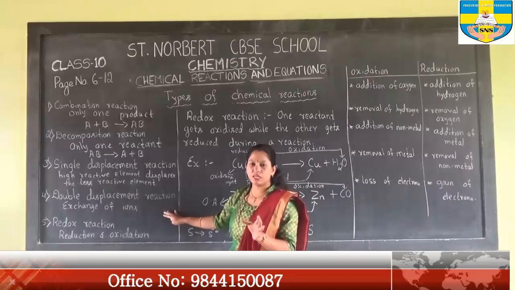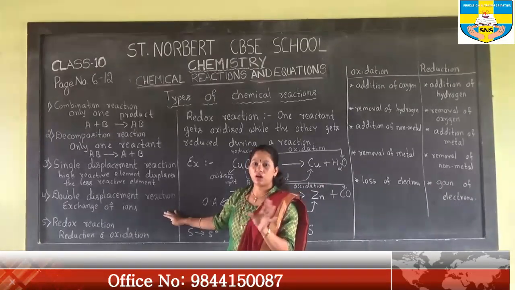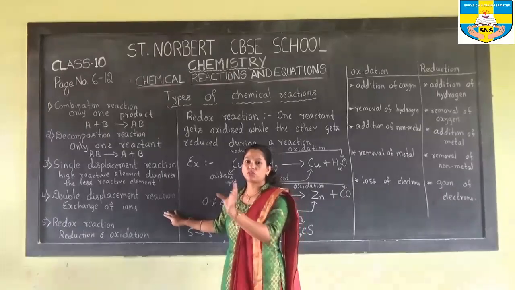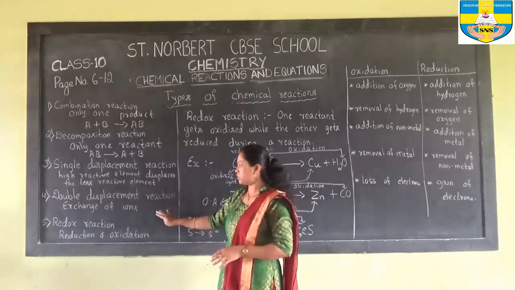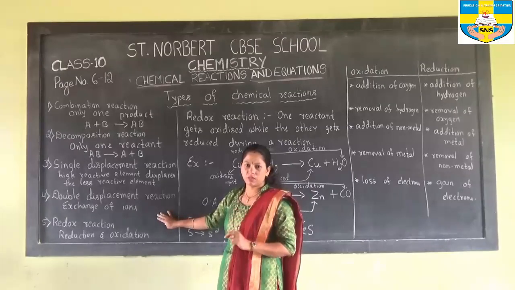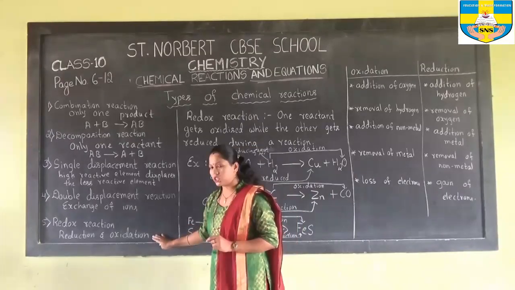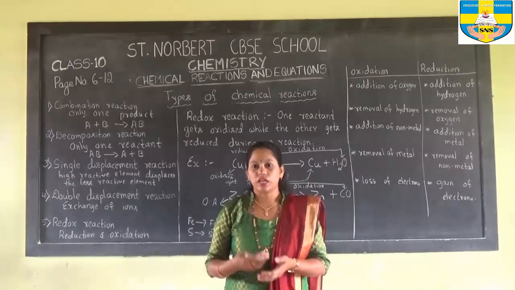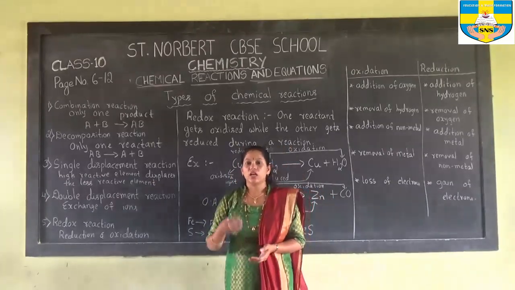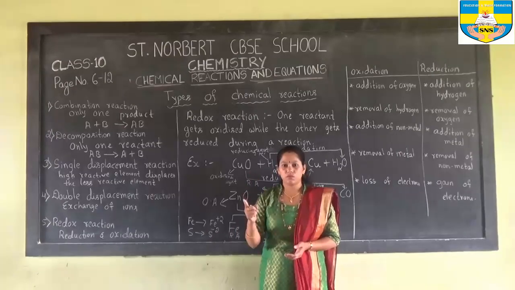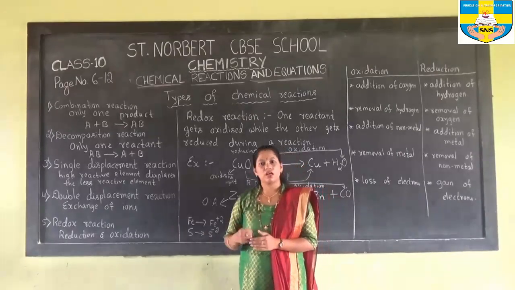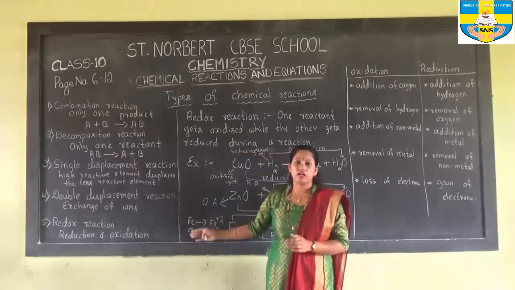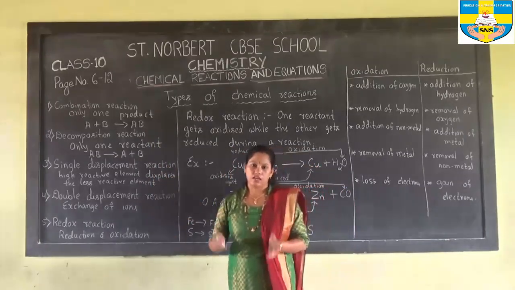In the double displacement reaction, the compounds exchange their cations and anions and produce new compounds. And the last one, redox reaction. In the redox reaction, oxidation and reduction take place in the same reaction. So these are some important types of chemical reactions.